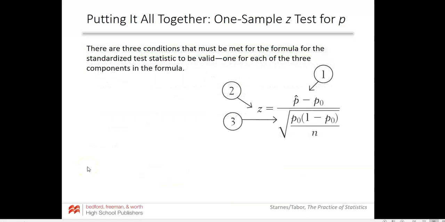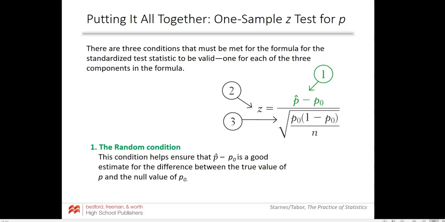Okay. First, before we put it all together, just know what the conditions help you do. The first condition is the random sample. The random sample condition allows us to use the point estimator, p hat minus the null, to find the difference between the two, because it's a simple random sample.